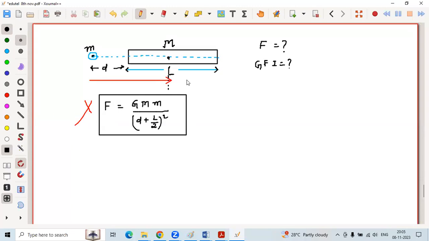There is a formula for this, remember it well. G into capital M small m divided by, the starting distance from the point to this mass is d, and the ending distance from this mass is d plus L. But the distance we need to take like this, whole square.